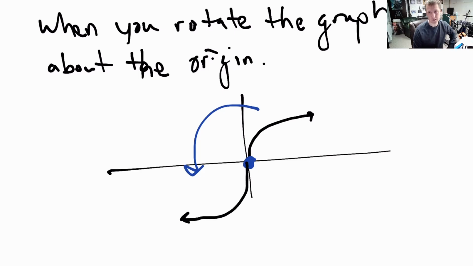Yep, something just like that. If the graph of a function has this property that when you put a pin in the origin, you rotate it around, if you get the exact same graph out, that's an odd function.